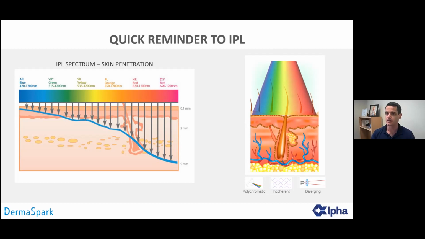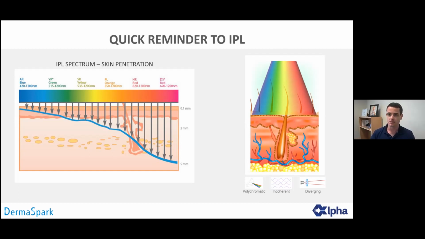So IPL is polychromatic, as opposed to a laser, which, as you remember, is monochromatic and has only a single wavelength. Because IPL is polychromatic, it can target different chromophores in different layers of the skin, and we can use it for multiple applications.